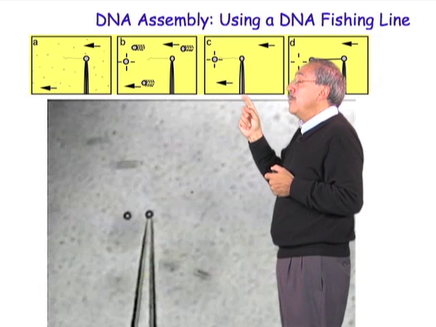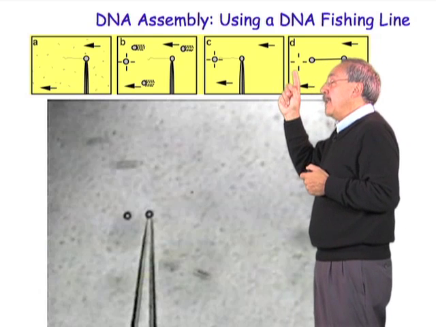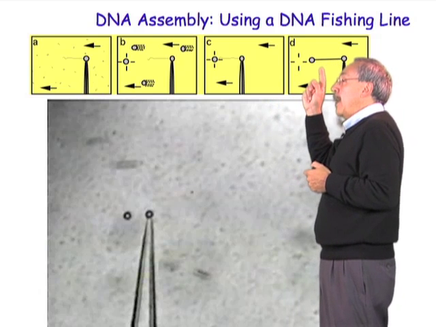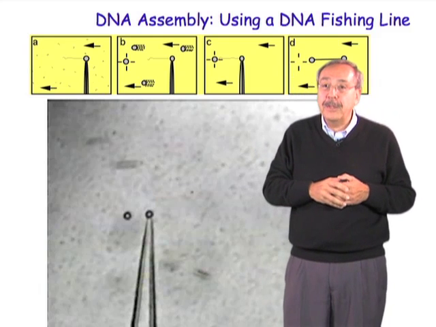And when that happens, you should be able to pull the pipette and, in fact, fish the bead out of the trap using the DNA as your fishing line. Okay, so that's the idea of this experiment.